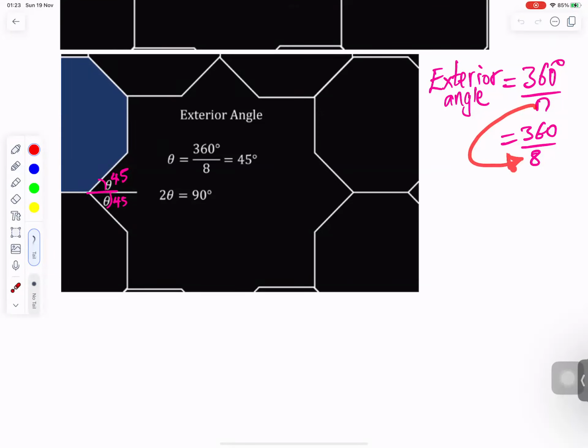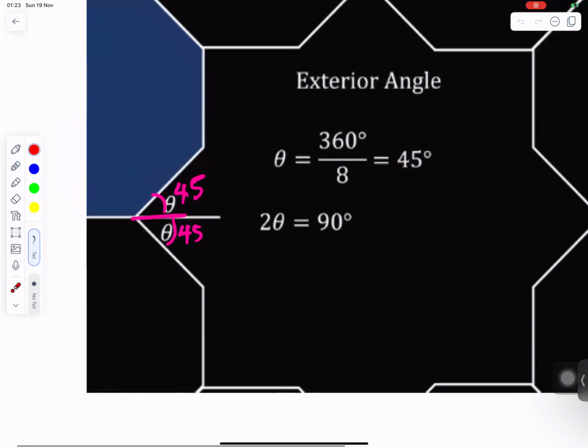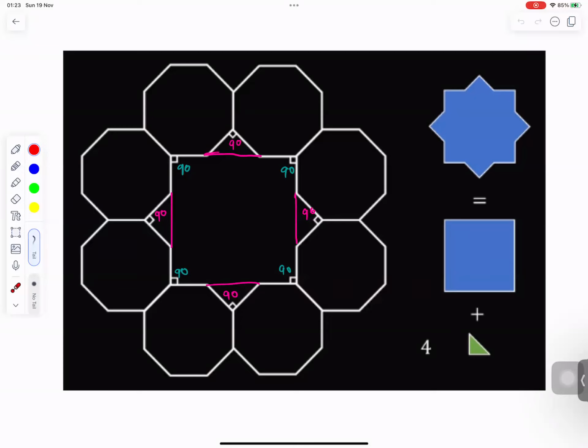The number of sides is 8. So 360 divided by 8, it gives you 45. So what that means is this angle is 45 and this angle is 45. So if you add the 2 together, 45 plus 45, it gives you 90. What that means is this angle is 90, that's 90, that's 90, that's 90.